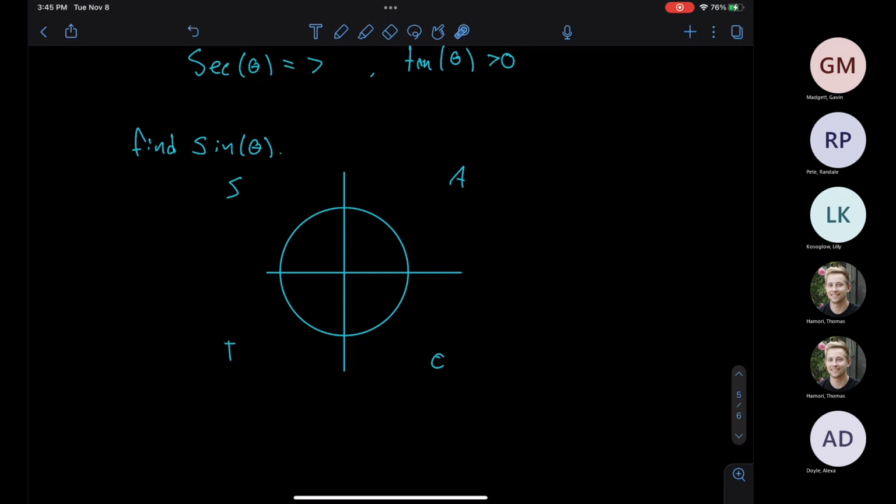So I know that theta is either lying in this quadrant or theta lies in this quadrant. I know one other piece of information though. Secant of theta is 7. If secant of theta is 7, and secant of theta is given by 1 divided by cosine of theta, then cosine of theta must be what?